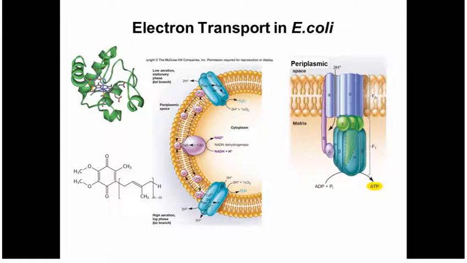Now, the last step is using the proton gradient to produce ATP. And this is the proton ATPase, which is in the plasma membrane. So this part, the head group, is in the cytosol. The proton gradient, more protons outside than inside, so the protons run down the gradient. This causes this head group to rotate and allows the formation of ATP.